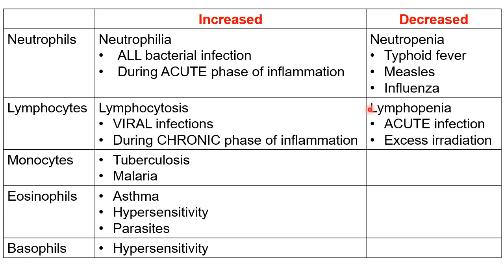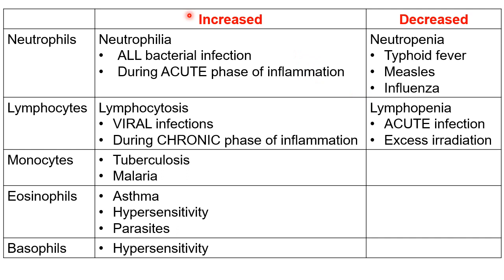Lymphopenia naman, kapag ang pasyente mo ay nasa acute phase of infection or inflammation, or yung mga patient na nag-undergo ng irradiation therapy, and this type of treatment is being done to patients with cancers.